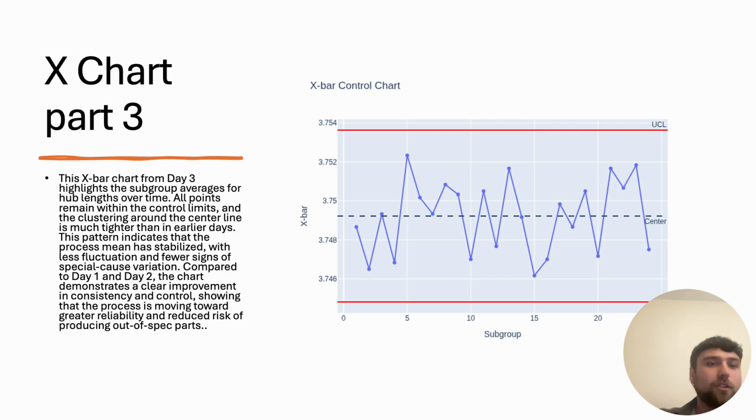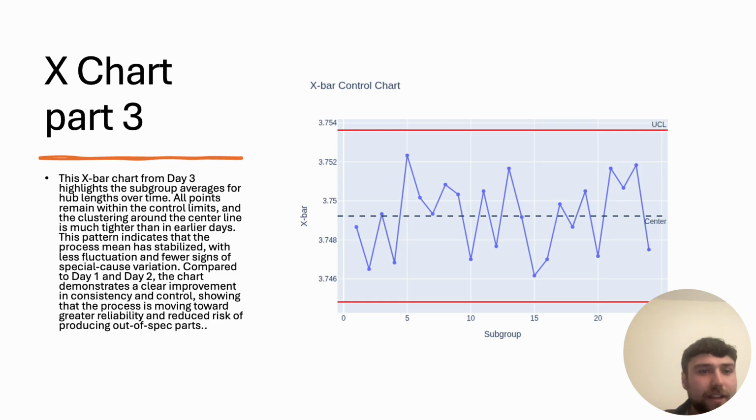This X-bar chart from day 3 highlights the subgroup averages for hub lengths over time. All points remain within the control limits, and the clustering around the center line is much tighter than the earlier days.